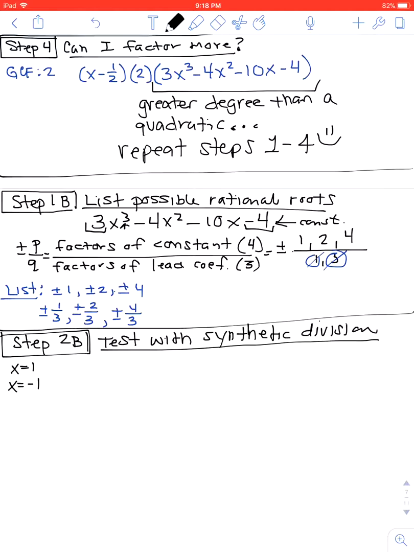What did you find out about the 1s? Hopefully they both became a no, because those should not work. They didn't work before, so they're not going to work now. All right. What about 1/3 or negative 1/3? Did those work? They shouldn't have.